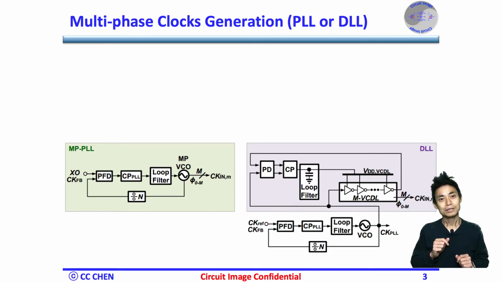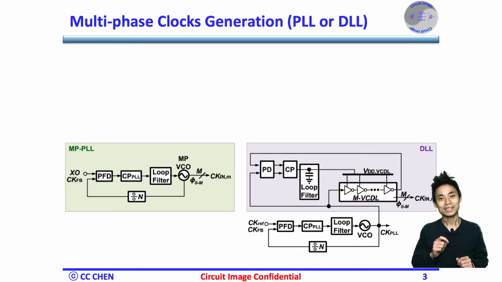If the PO's VCO only provides a single phase, then the multi-phase clocks can be generated from the DL loop. The generated multi-phase clocks are spaced evenly across 360 degrees through the delay lock loop, and that would also meet the PI's input multi-phase requirements.